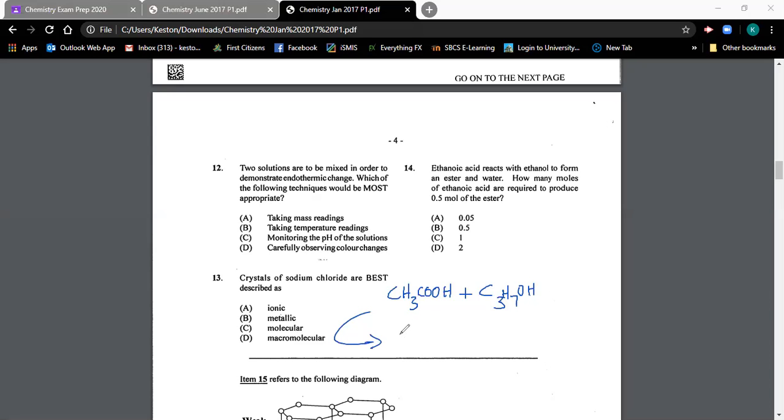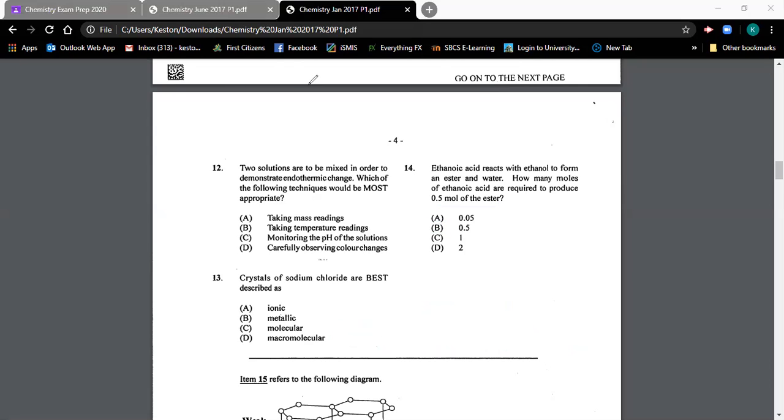And that gives me ethyl ethanoate, CH3COOC3H7, plus H2O. So 1-to-1, producing 1. So if we want 0.5 moles of the ester, we'll be using 0.5 moles of the acid. Yeah, everybody okay with that? B? Just drop a 1 if you're right with that.